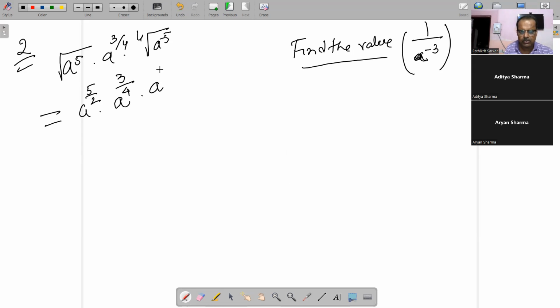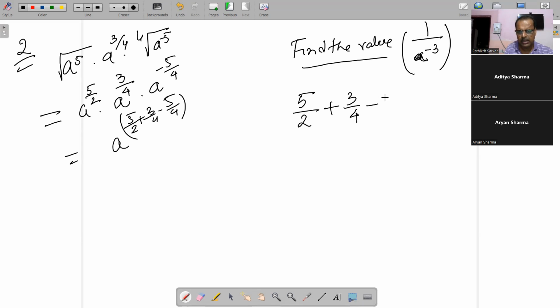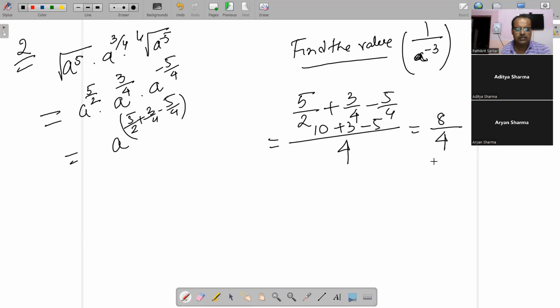Then it comes down to a to the power -5 by 4, ये आ गया. अभी हम क्या करेंगे, ऐड कर देंगे, दैट मीन्स a to the power 5 by 2 plus 3 by 4 minus 5 by 4. तो इसके एलसीएम निकाल लेते, सो इट इज 2 माने 10, यहाँ पर 3 और यहाँ पर 5. सो अल्टीमेटली इट कम डाउन टू 8 by 4, इतना आ रहा है.